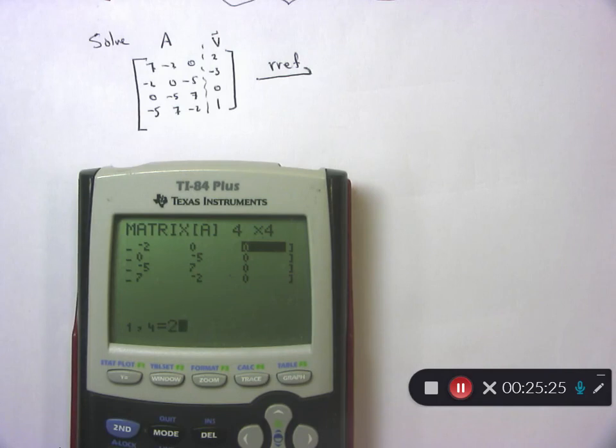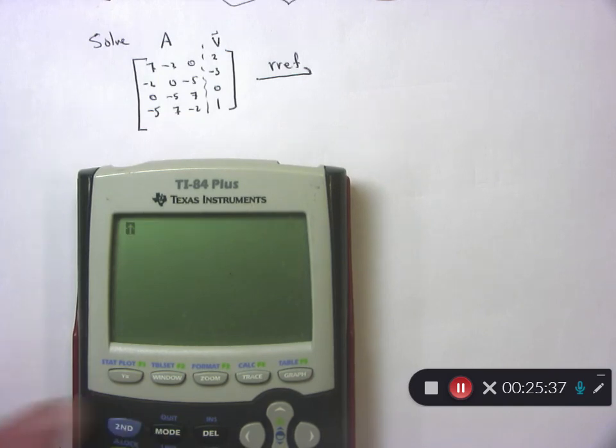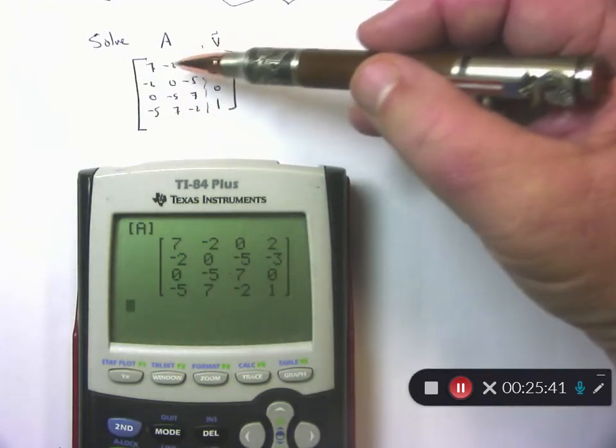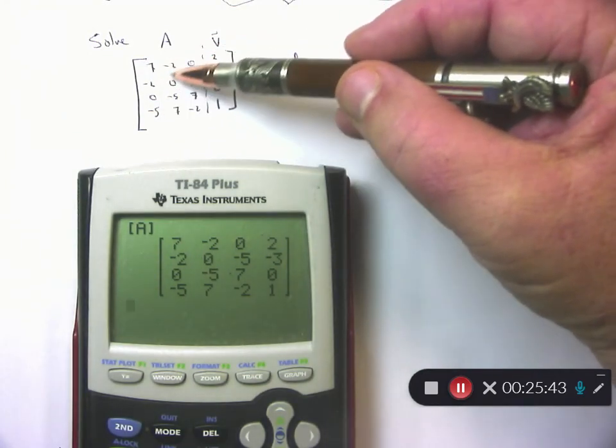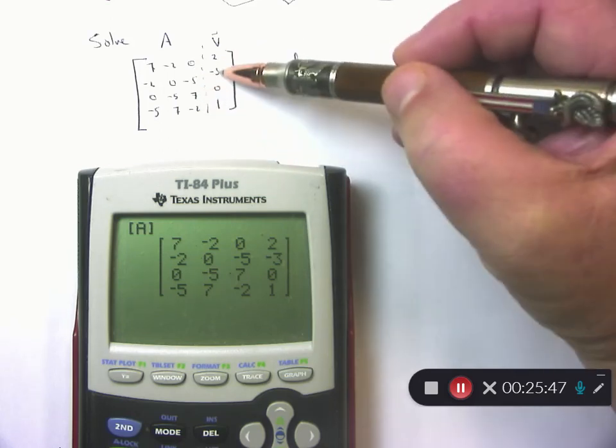I'm going to put a 2, down arrow, a negative 3, down arrow, a 0, a 1, and hit enter. Don't forget to hit enter after every time you type in a number. So now I'm going to call back matrix A and double check it, make sure I got this matrix right.